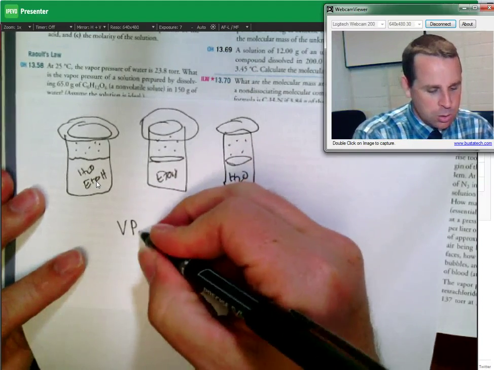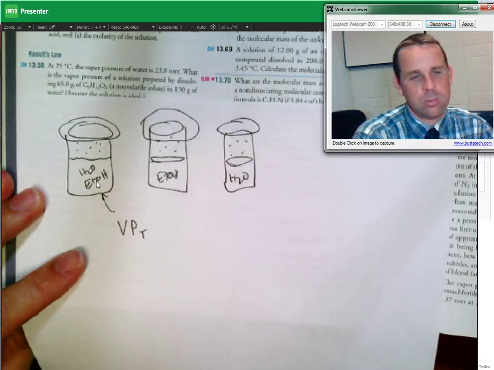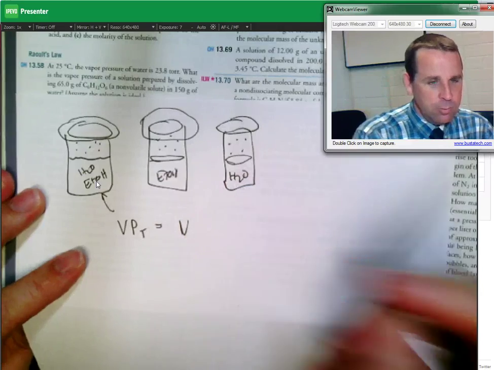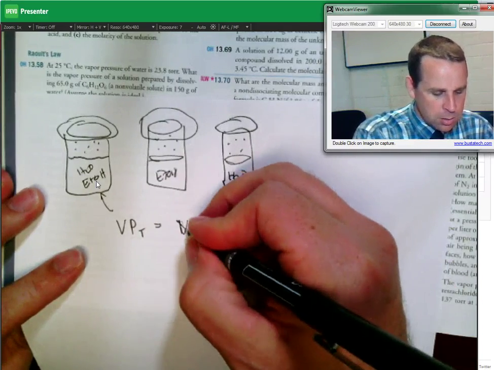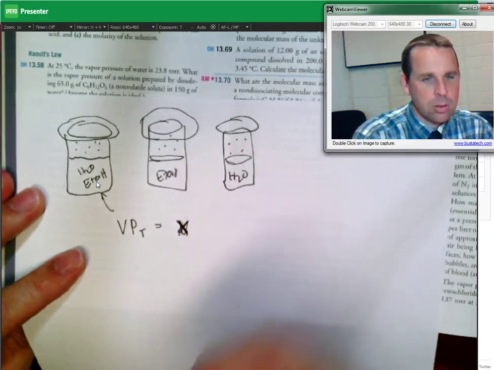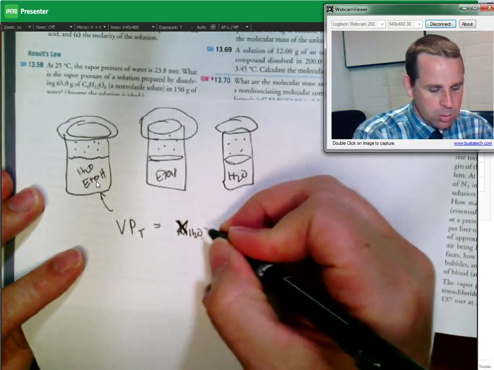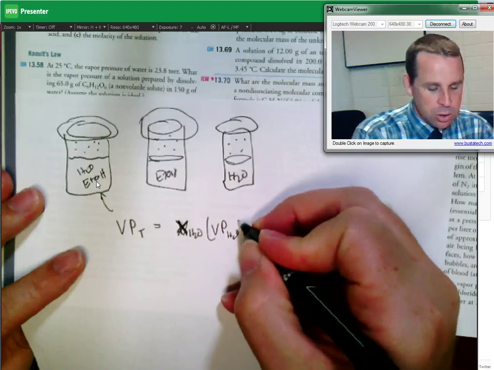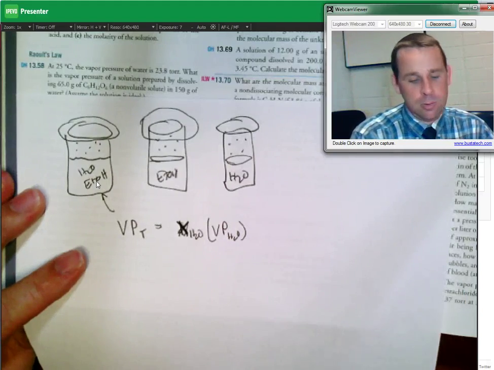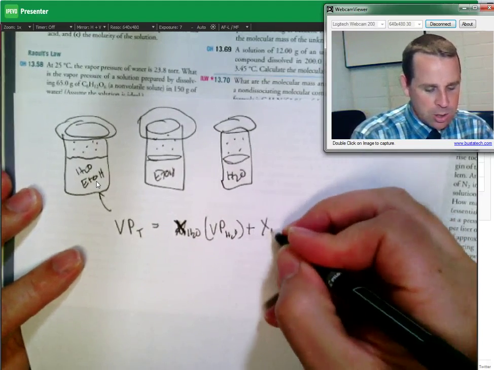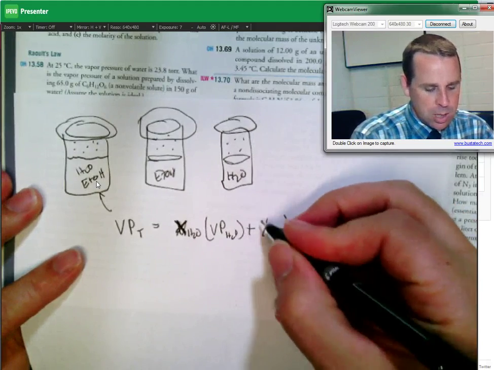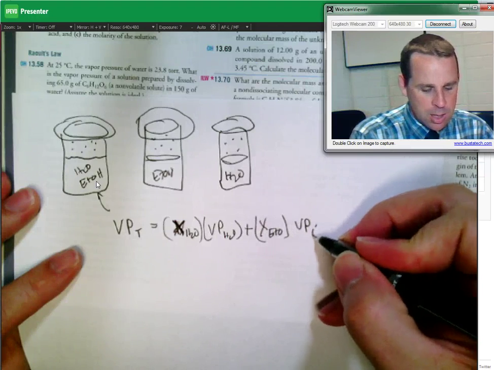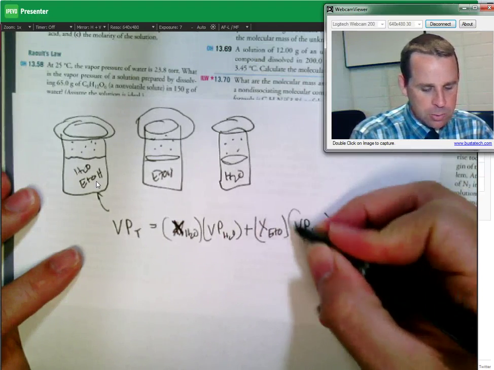The vapor pressure of the total solution is equal to the mole fraction of the water times the vapor pressure the water would exert all by itself, plus the mole fraction of the ethanol times the vapor pressure the ethanol would exert all by itself.